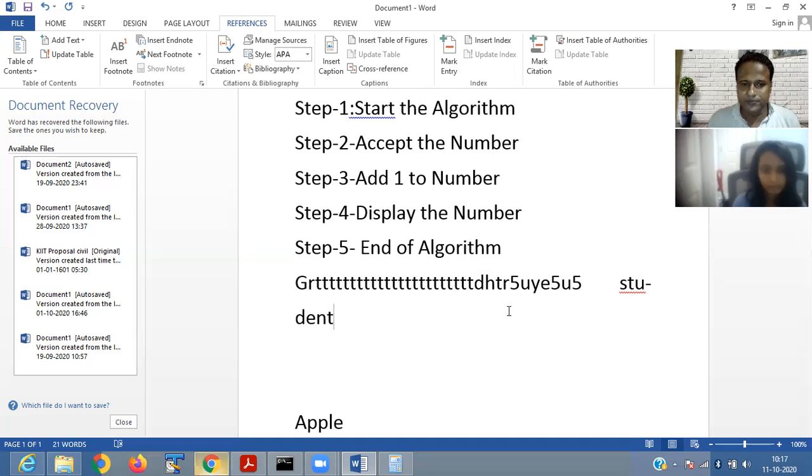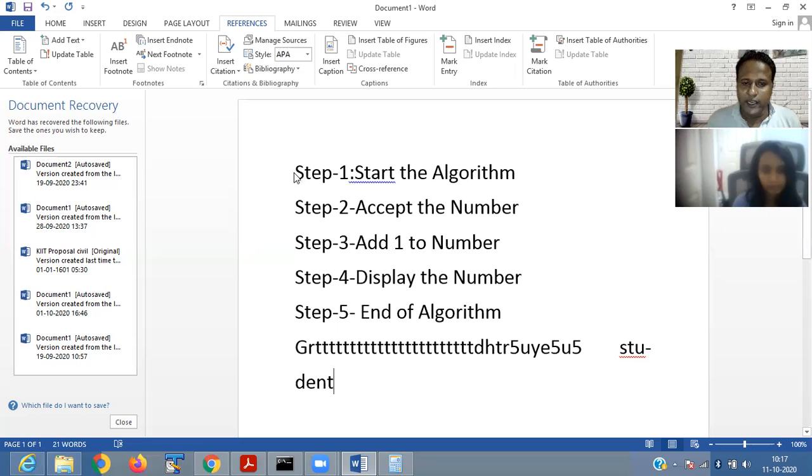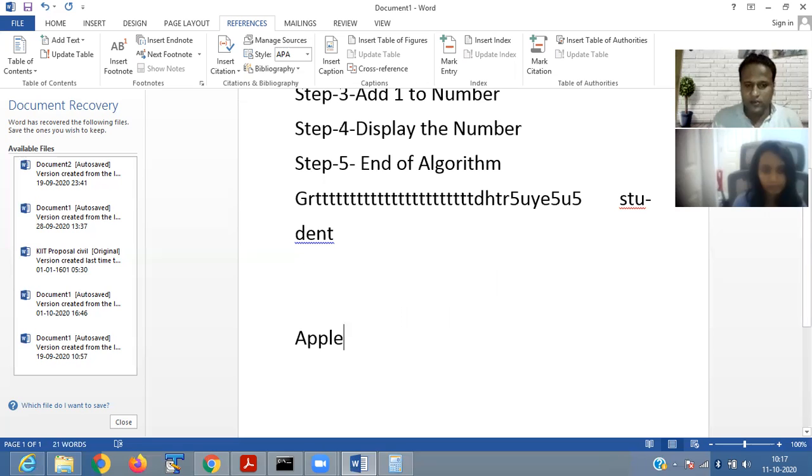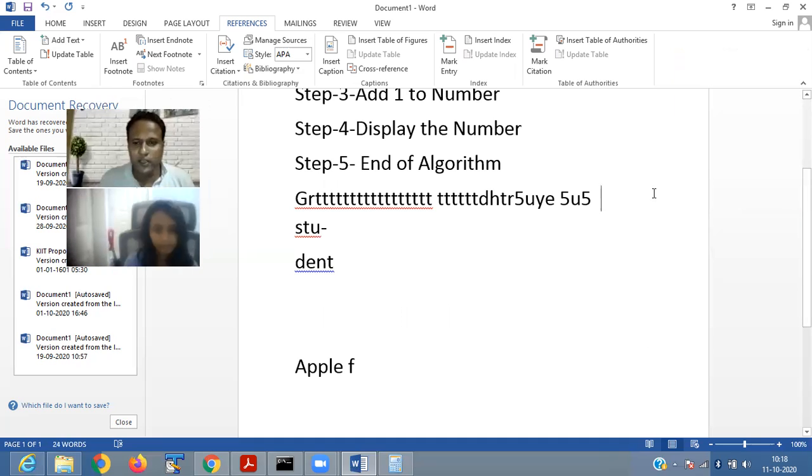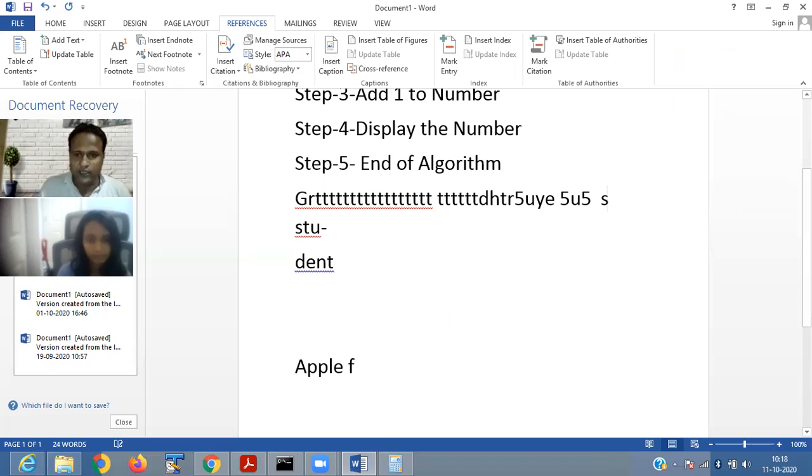See that, if you have written something here, some word here, but the space given to you is not enough to write student. Student requires more space, but here the space is not available to write the whole word.